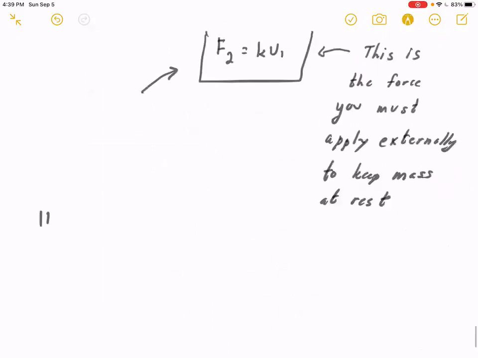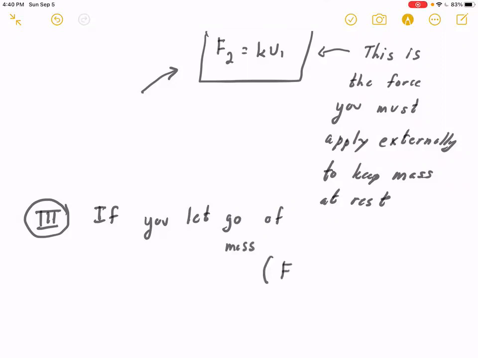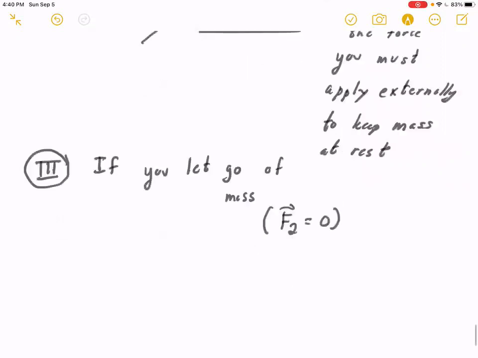Now, the third case I'm going to look at is, suppose you take this system and you let go of the mass. In other words, F sub 2, your external force, is now 0. So let's go back to case 2 and look at the equation of motion for the system.